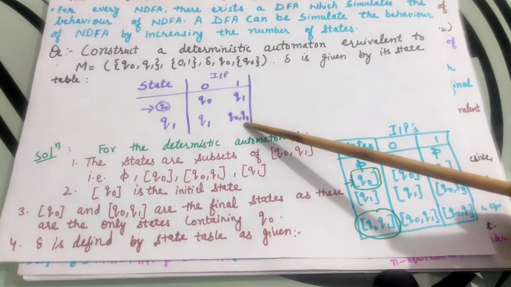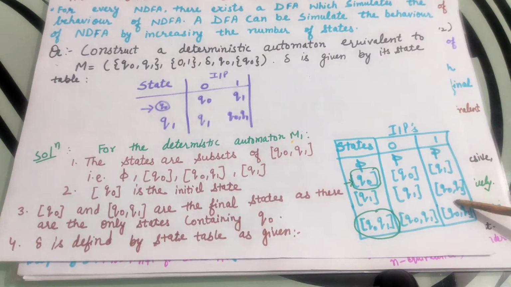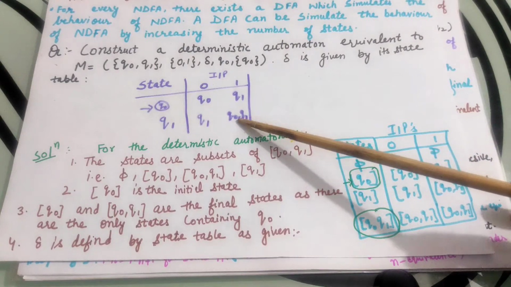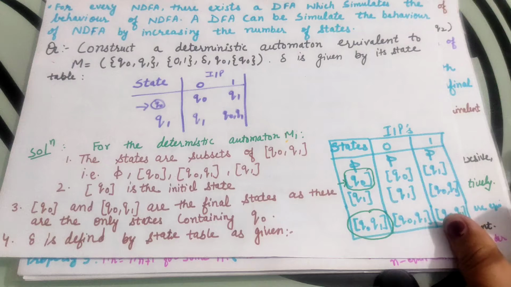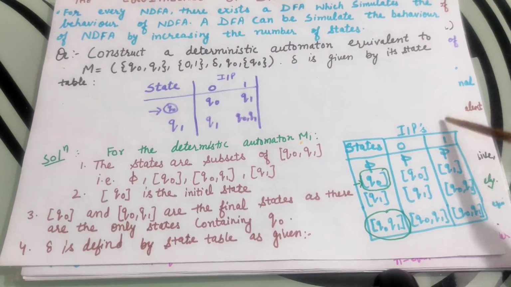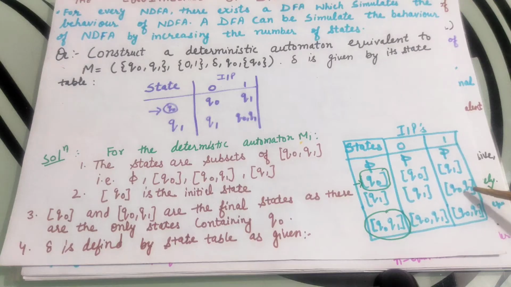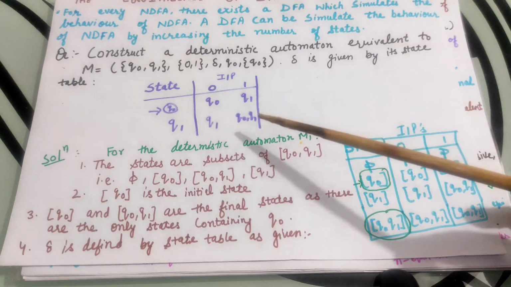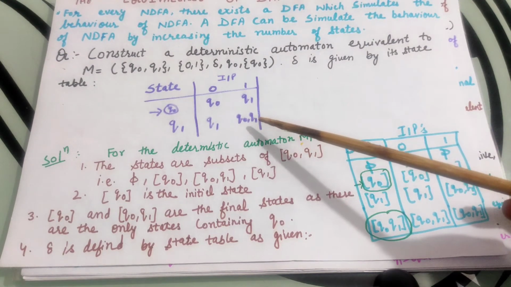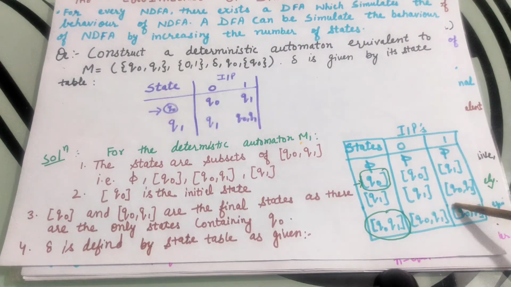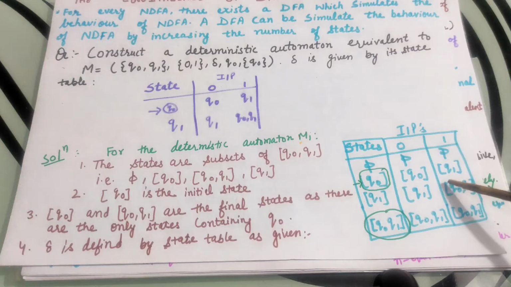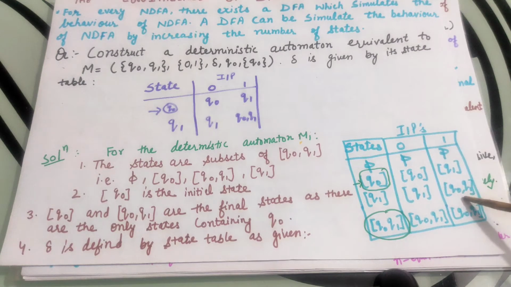Now for the conversion of this NDFA into the DFA, combine these two states into one state within brackets and show that now this is a deterministic state, that is [Q0, Q1]. In the previous table, Q0 and Q1 are two individual states, but when we write these two states within brackets, it behaves like a single state.